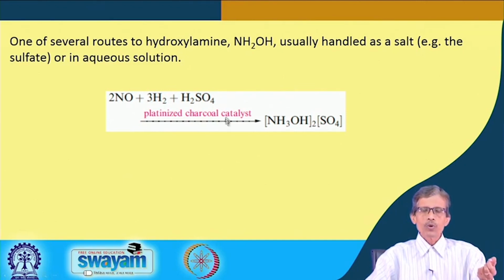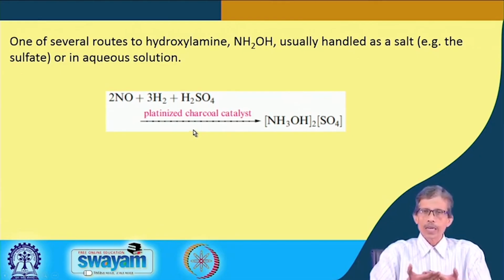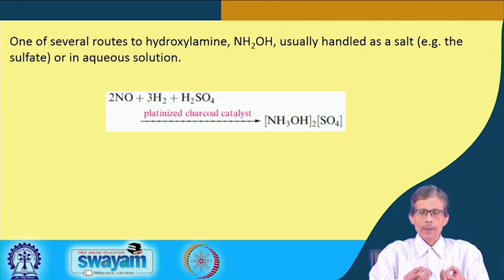If the charcoal surface is completely covered with platinum metal powder, we consider it a platinized charcoal catalyst, because we are increasing the surface area of the platinum, and that platinum will be responsible for hydride formation or, in a weaker form, hydrogen atom absorption.